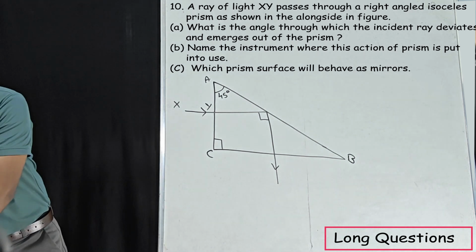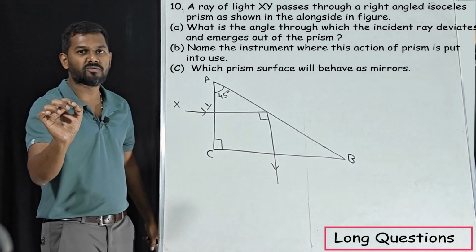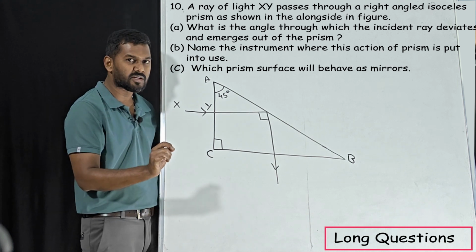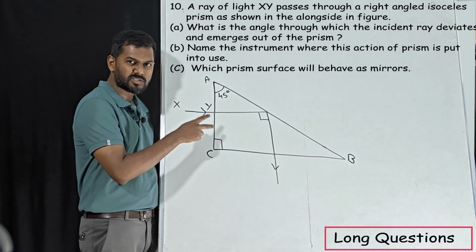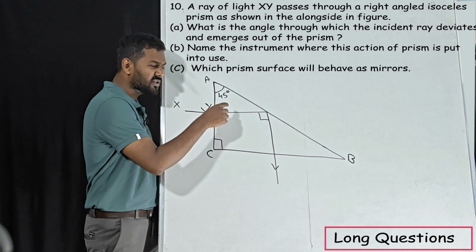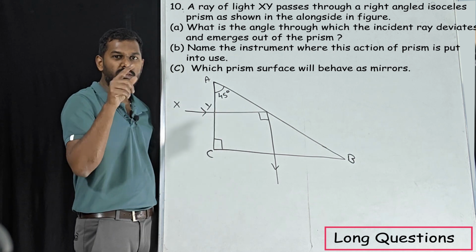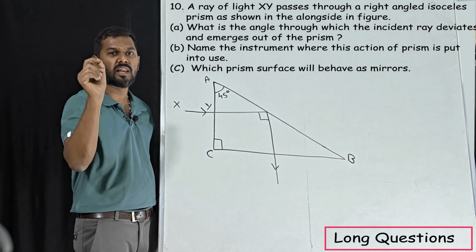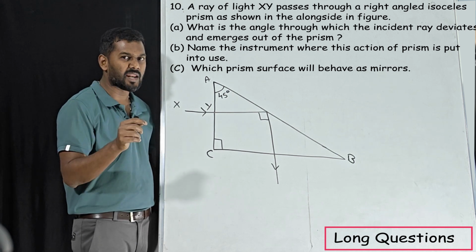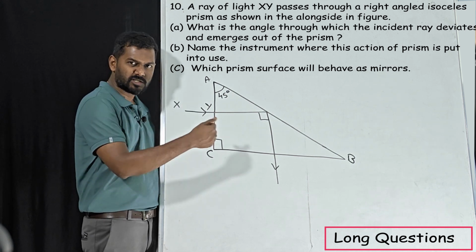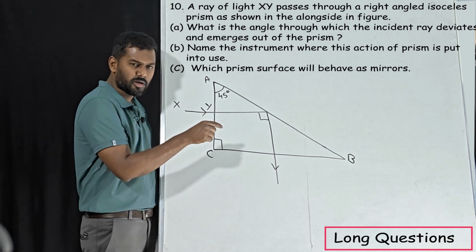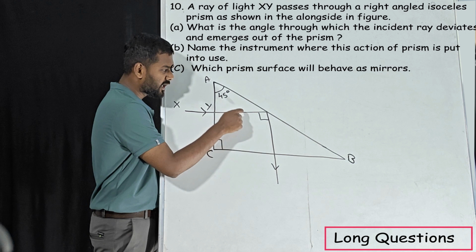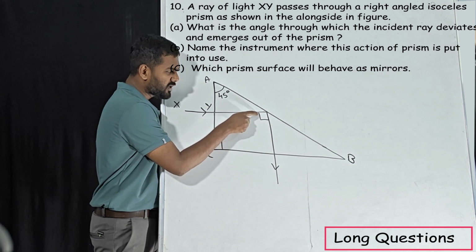For this one, you need to understand what is angle of deviation and what is angle of emergent. Listen, what is angle of deviation? You first see where the junction point is. Junction point means the intersection point of the incident ray and the emergent ray. That is the angle of deviation. Keep this in mind. This is the emergent ray, correct? Where these two are meeting here, what is the angle?